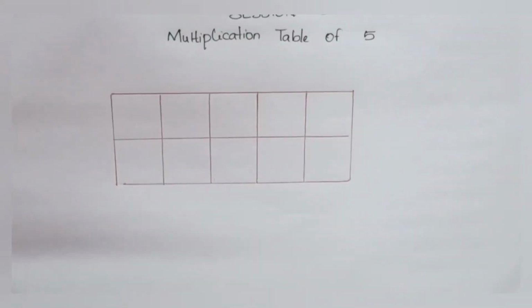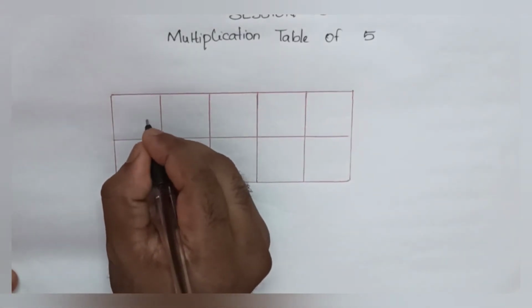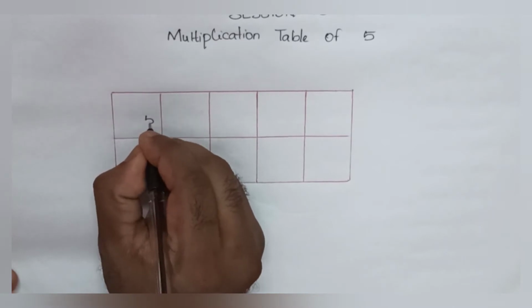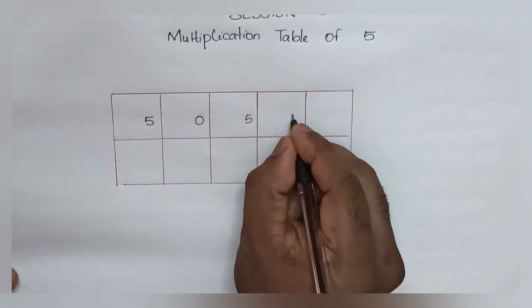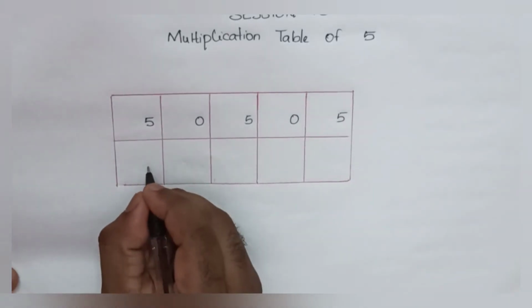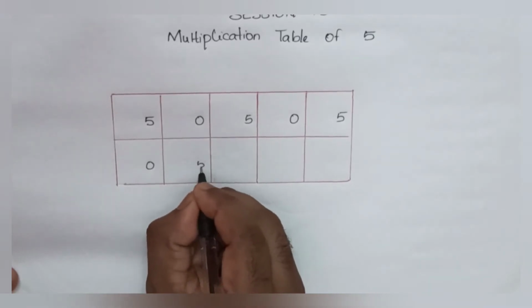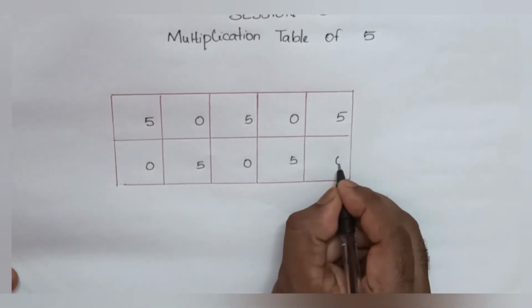You have to draw a table with 5 columns, 2 rows, and then you have to write 5 0 5 0 5, then 0 5 0 5 0.